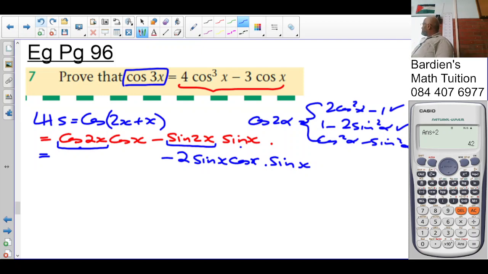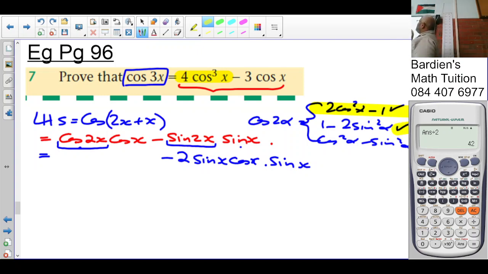Which one are we going to choose of those 3? Will it be 2 cos squared alpha minus 1? Why that one? Because of what we have here. If I had sines there, like 4 sine cube x, then I would have definitely gone with the sine one.